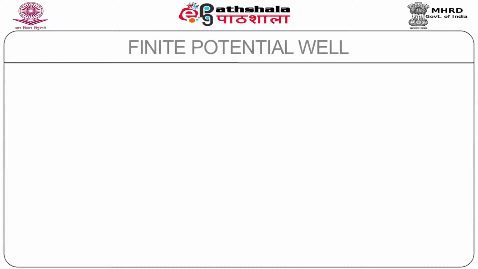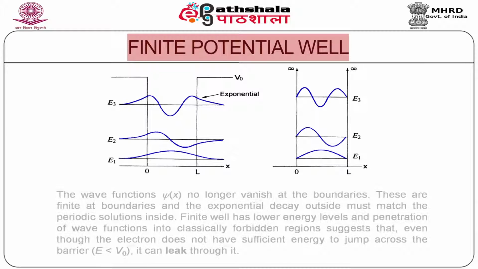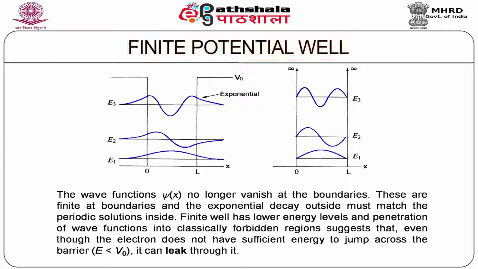Now there are a few things which we wanted to describe, that if you take a finite potential well, instead of an infinitely deep potential well, which is shown on the right, these are the results which we have already obtained for an infinitely deep potential well. But the figure on the left-hand side shows a finite potential well where V0 has a finite value and not infinity.